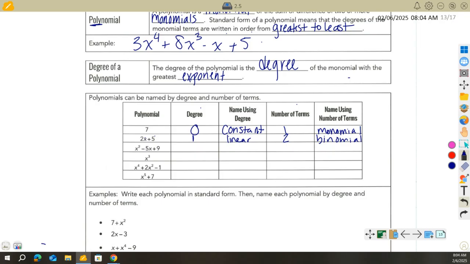Next, we have x squared minus 5x plus 9. This has a degree of 2. We call this a quadratic, which is what our next unit is about. We're looking at the quadratics. This has 1, 2, 3 terms.